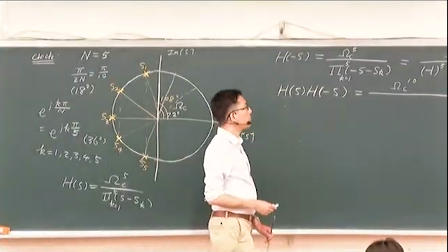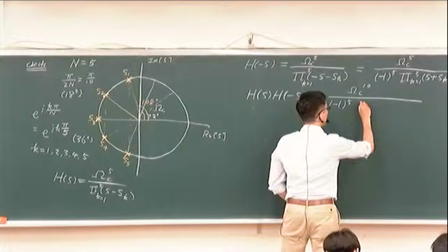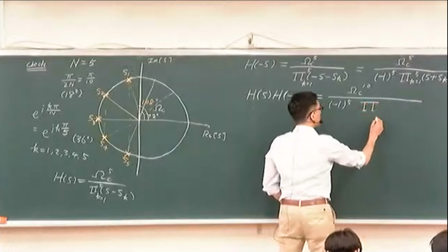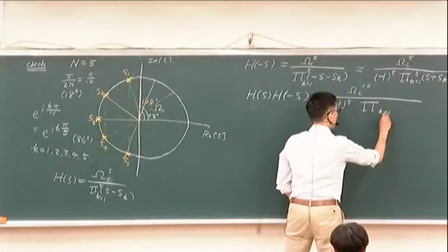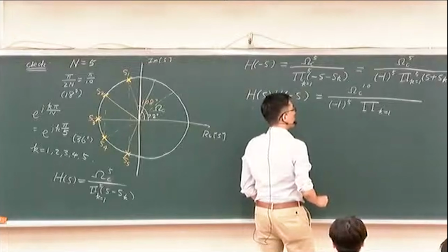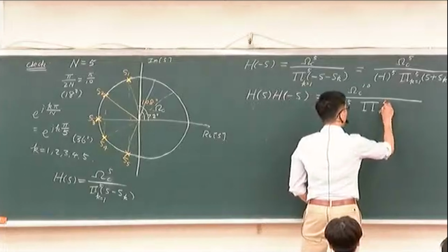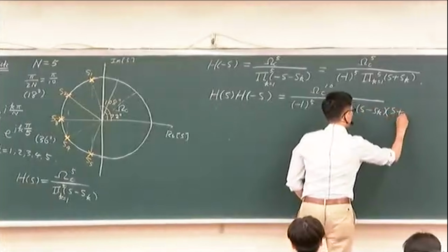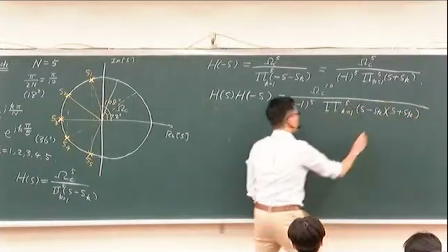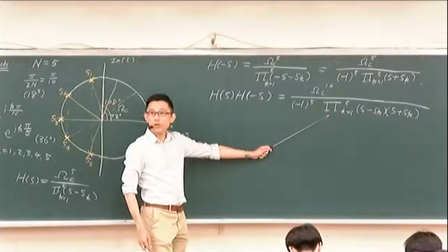So when we multiply the two of them, the minus 1 to the 5th power is still there, and we have a product of k from 1 to 5 of S minus SK, S plus SK, which in the end is going to become a 10th order polynomial.